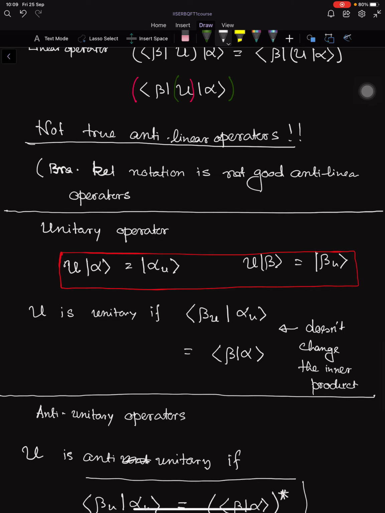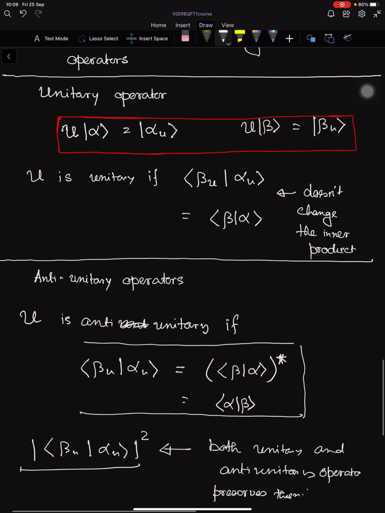Antilinear operators complexify all the complex linear coefficients in front of bra vectors and ket vectors. An anti-unitary operator actually complexifies the inner product. The inner product becomes the complex conjugate of itself under anti-unitary operators. Then in the next lecture we will see why these things are useful and why we are studying this.